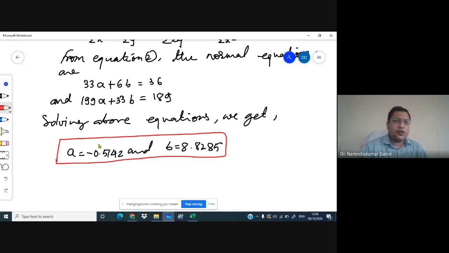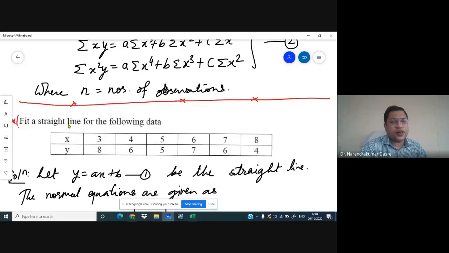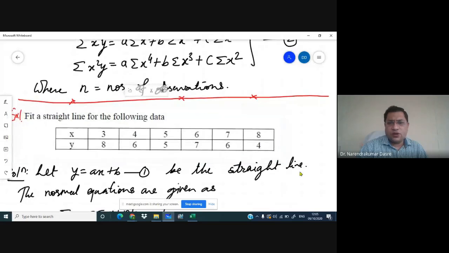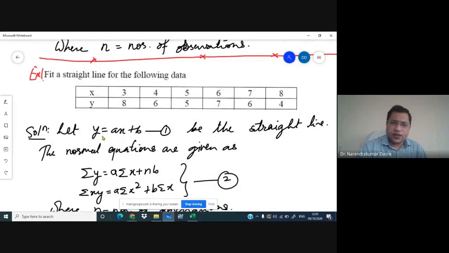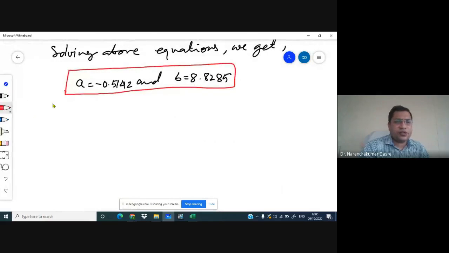And once you get the value of A and B, what we are finding, actually, we are finding a straight line. So we are putting a straight line. Okay. So let us write this straight line. So from equation 1, I can put the value A here and I can put the value B here. And we are able to write the equation of the line.